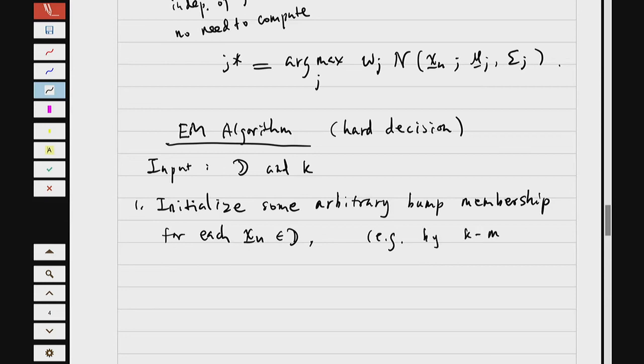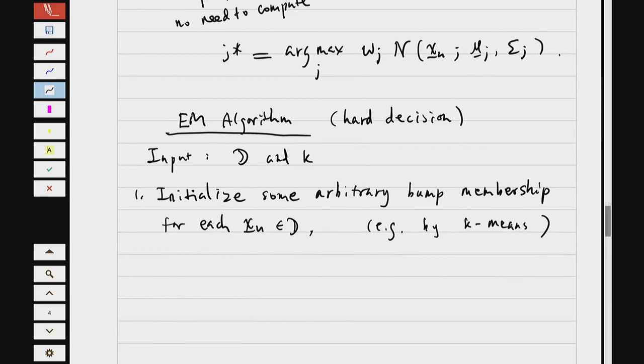This is the first time we see this actually. We just use k-means to group them by their Euclidean distance. It turns out to be a reasonably good initialization usually.